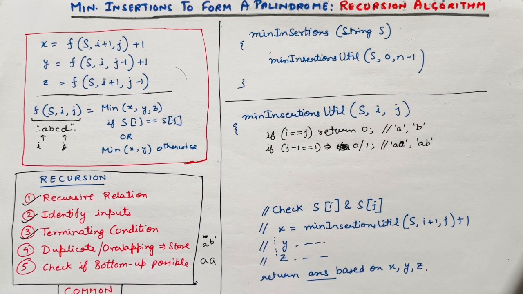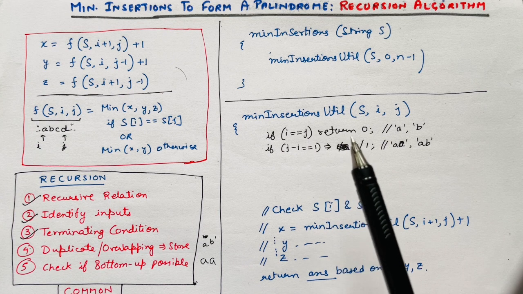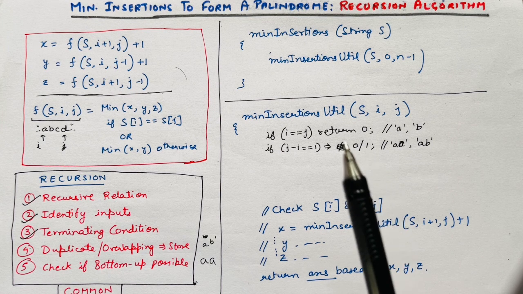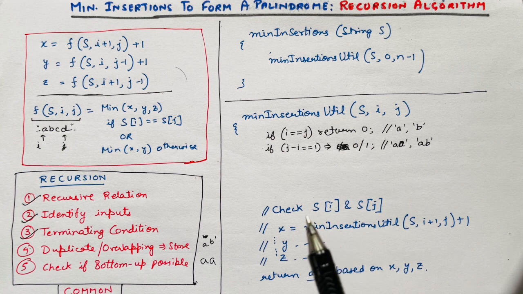We are now done till step 3. Now we need to check if there are any duplicate or overlapping subproblems as we go through this recursion. What do we mean? We mean that when we are calling this recursive method again and again through different inputs, is it happening that we have called this method for the same input multiple times?